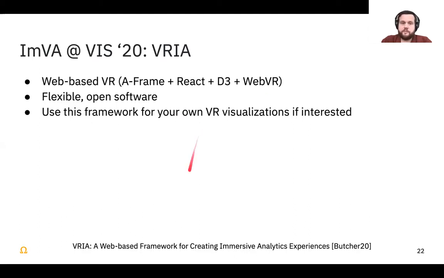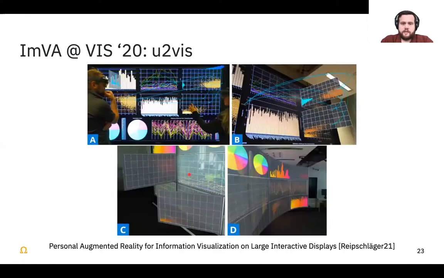Then we had UvA's personal augmented reality for information visualization on large interactive displays. Here you can see a large display with various plots, where each of those participants is wearing glasses, and you can do things like bend the space a bit to be surrounded.